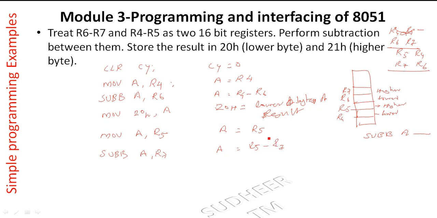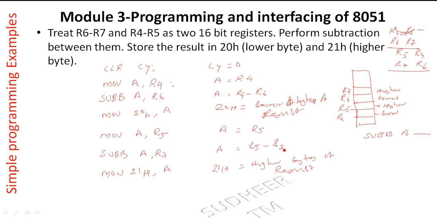That result will be available within the accumulator. That we can copy to the higher order byte in 21h. So move 21h comma accumulator. So 21h is equal to the higher byte of the result.